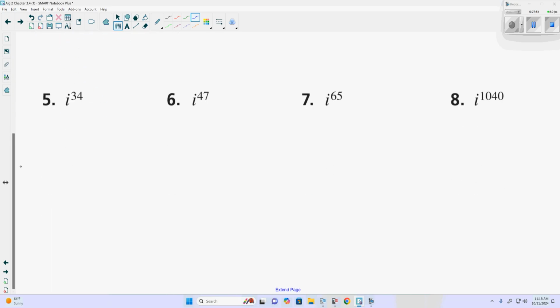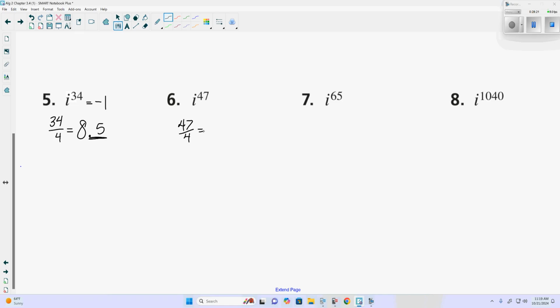So let's look at the next one, i to the 34th. So we're going to take 34 and divide it by 4. And 34 divided by 4 is 8.5. So i to the 34th would indeed reduce to -1. Next, i to the 47th.